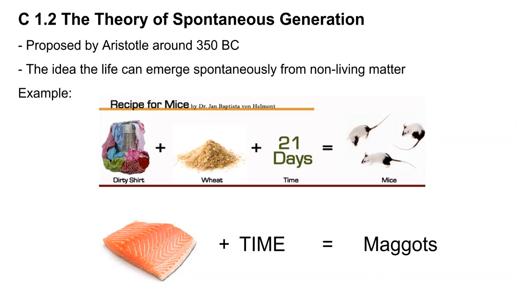Before we jump into the examples, I just want to say that in order for you to really understand the theory of spontaneous generation, you have to put yourself in the shoes of somebody who doesn't know about the microscopic world. They don't know about bacteria. They don't know about life that's smaller than what you can see with your own eyes, okay?